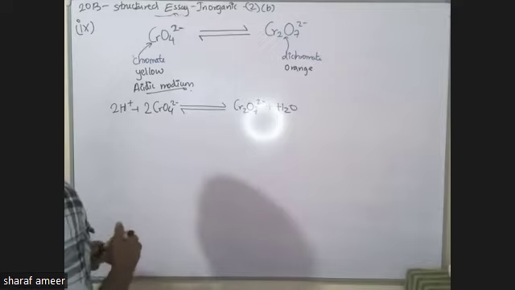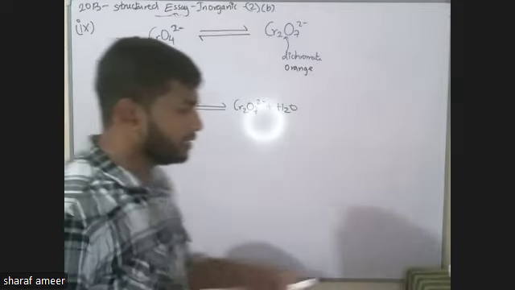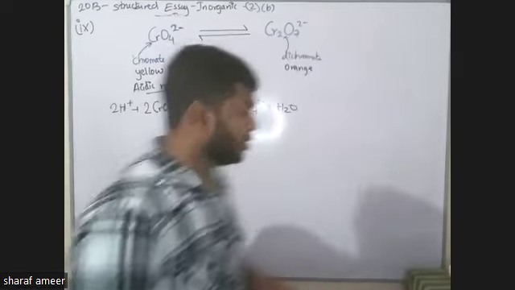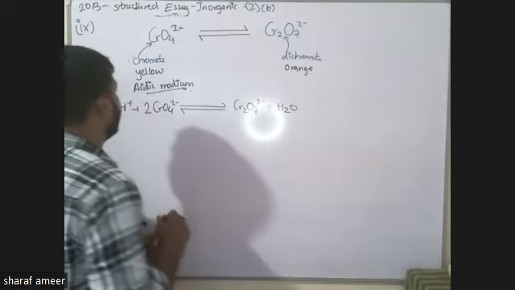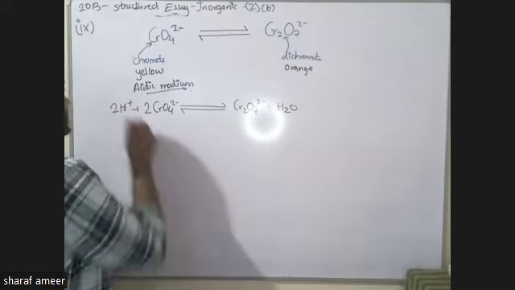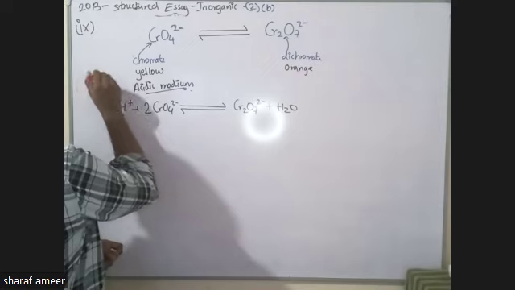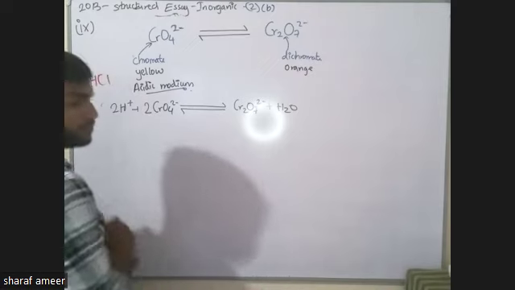Now using the red pen, I will explain to you. I'm going to add some H plus here. Let's say I'm going to put some amount of HCl here.